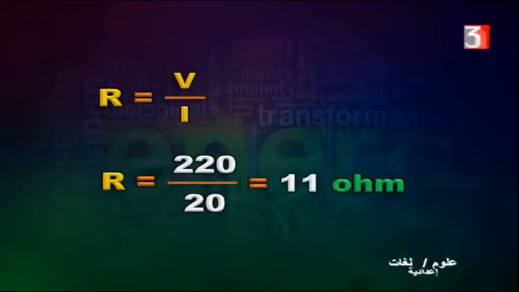Here, electric resistance equals potential difference 220 volt over current intensity 20 ampere. So the answer is 11 ohm. Ohm is the measuring unit of electric resistance. So don't forget in our problems to write the rule, the calculation, the answer, and the measuring unit.